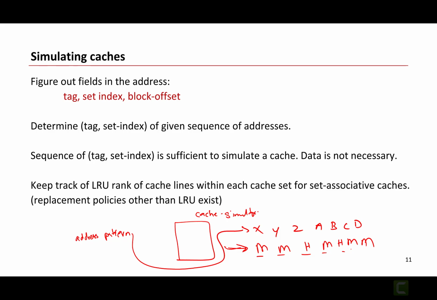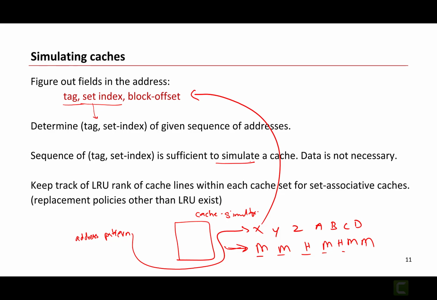So in order to do that simulation, what the cache simulator has to do is take each address and split that into these 3 fields. And we talked about how to split a given address into these 3 fields before. And then model the cache. Now, one of the tricks that you want to use when you're modeling a cache is that once you have computed your tag and set index, that information alone is sufficient to simulate the cache.